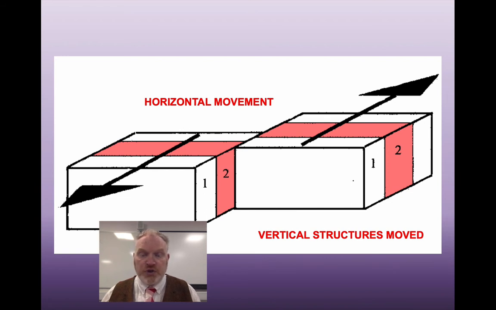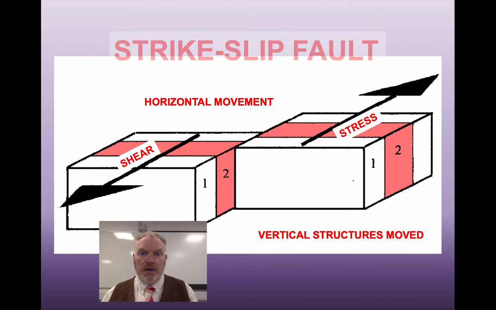If we have vertical structures that only get moved vertically, there's no displacement seen. This is a result of shear stress, this stress that slides past each other. And this is a strike slip fault.